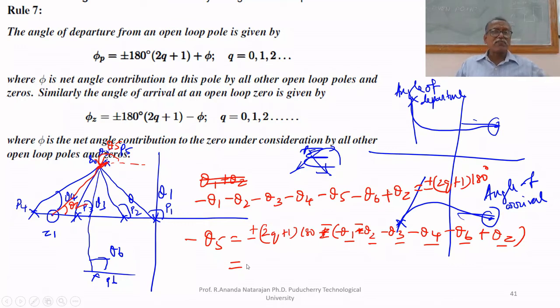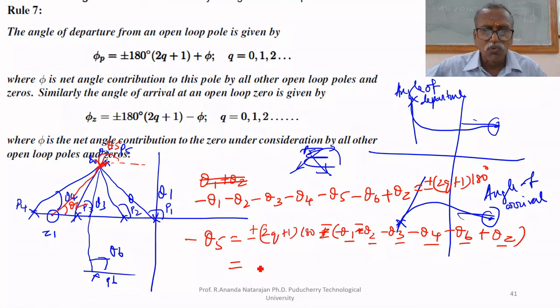Angle of departure from P5. Therefore, I am finding the net angle by joining P5 and all other poles and zeros. That is P5 and P1, P5 and P2, P5 and P3, P5 and P4, P5 and P6, P5 and Z1 are connected. We are finding an angle assuming that it is equal to the line joining S0 and all the poles.